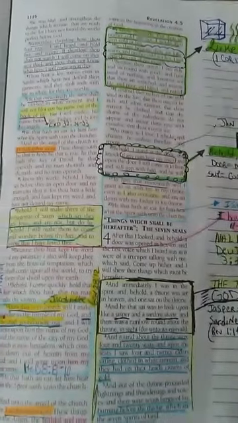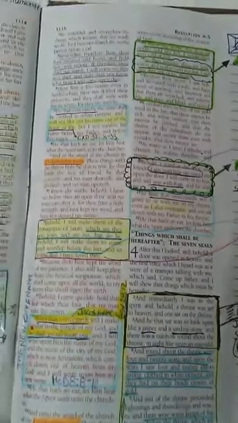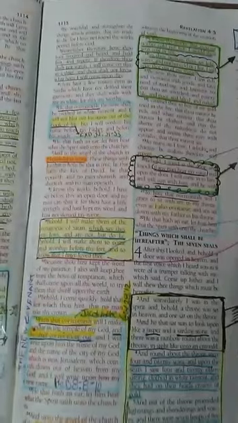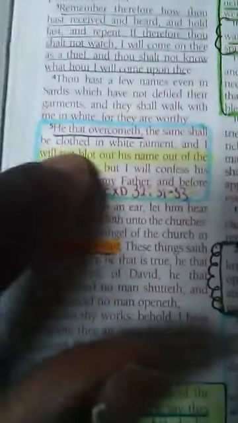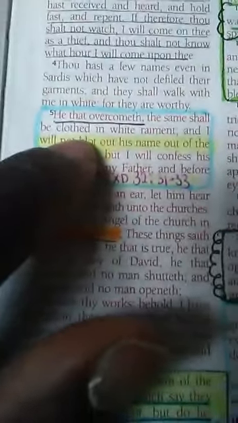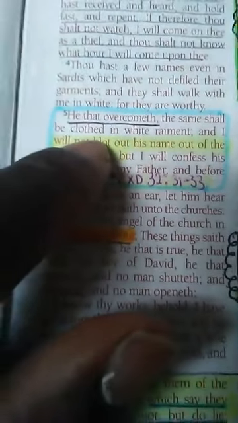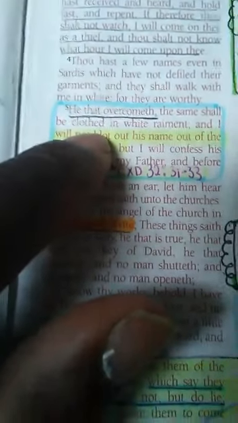He that overcometh shall be clothed with white raiment. Okay, we'll just look at some of these. This is Revelation 3:5. He that overcometh, the same shall be clothed in white raiment. White raiment is that cap and gown that you receive after you graduate.